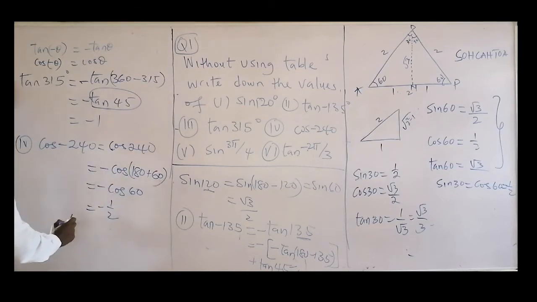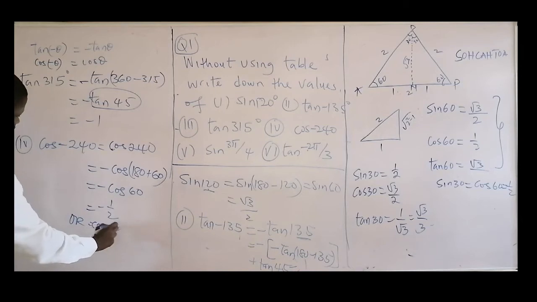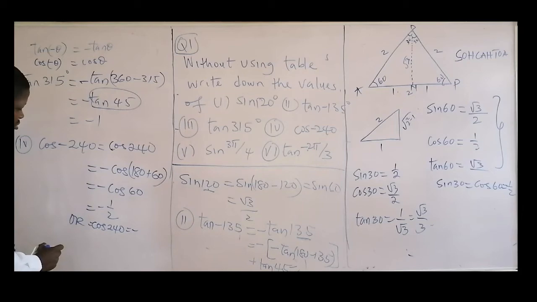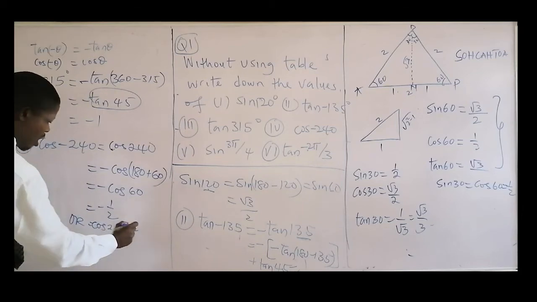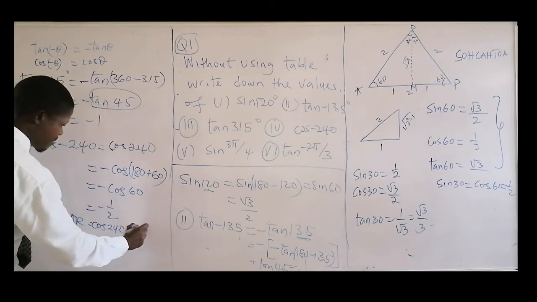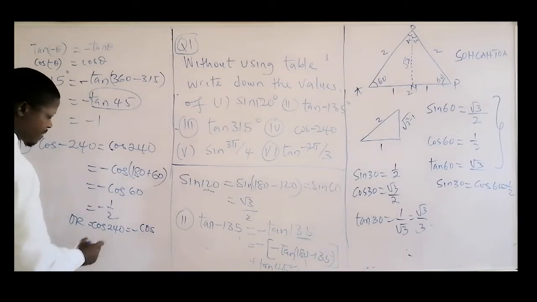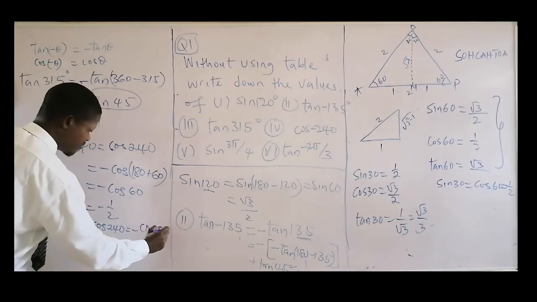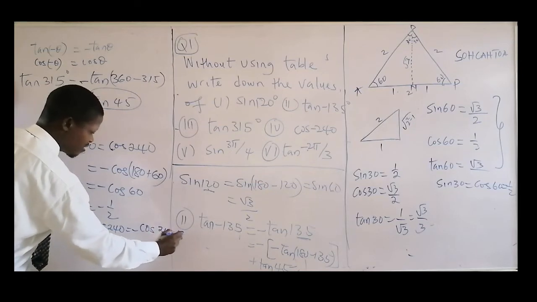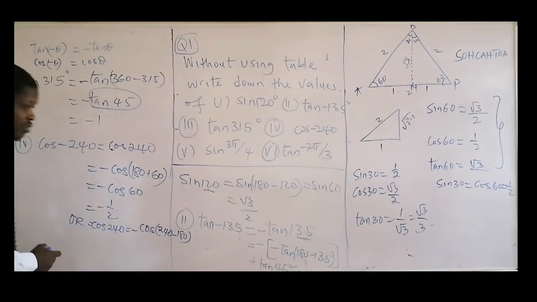If you want, you can do it another way, where cos 240 will be equal to minus cos. In the third quadrant, the value 240 minus 180. That's another way you can do it.